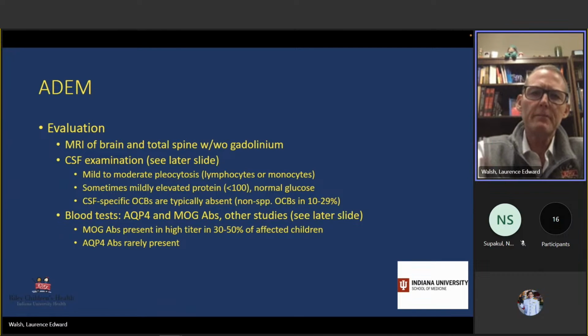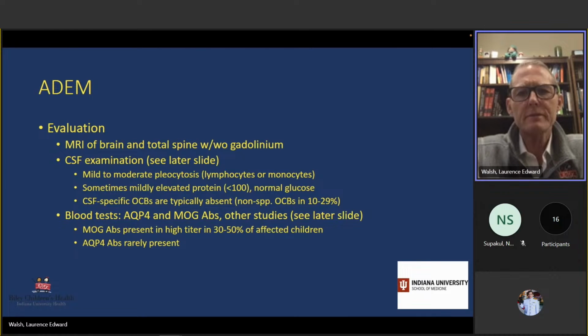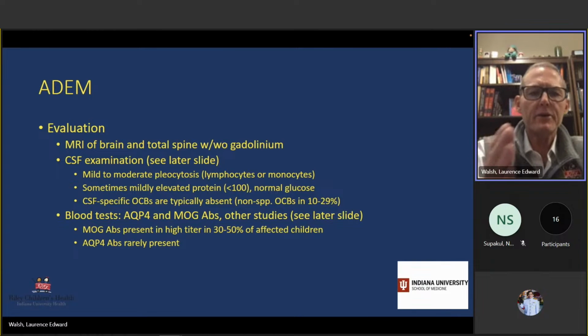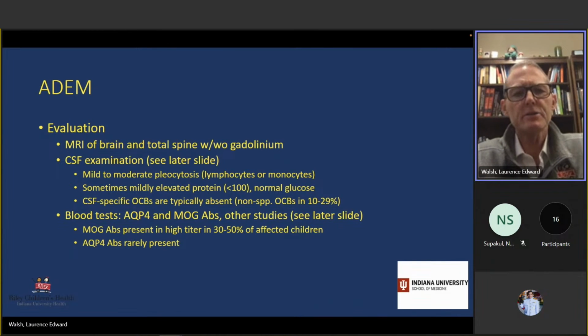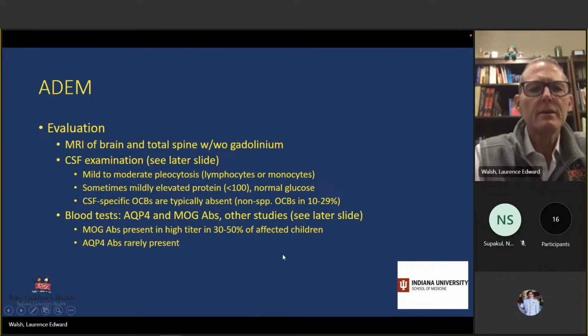We should see at least 2 peaks of immunoglobulins. But they compare that to serum. And so if the serum and the CSF have the same peaks, then at that point they're not really specific and they're not predictive. But if they're only in the CSF, that gets us more concerned. We would generally send aquaporin and MOG in this.